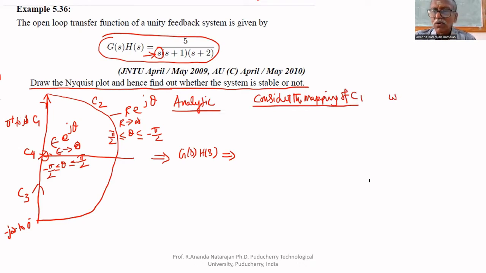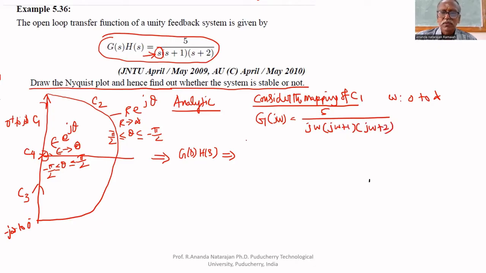C1 means omega varies from 0 to infinity. It is nothing but a polar plot. That's why we have to find g of j omega equal to 5 upon j omega, j omega plus 1, j omega plus 2.